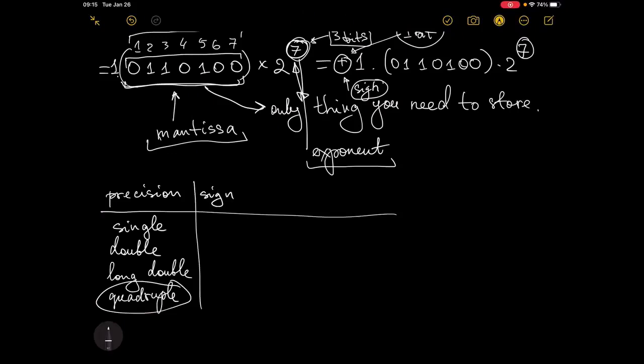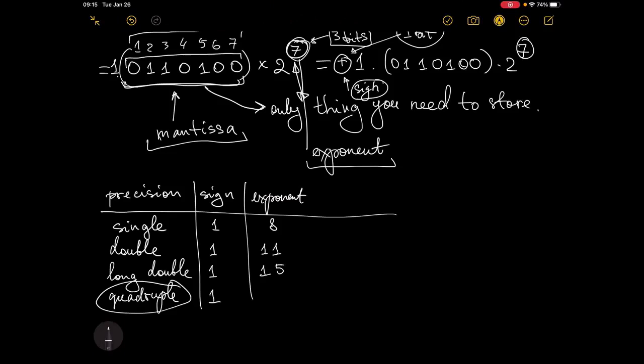So okay, sign. Obviously for the sign, you don't need more than 1 bit. Exponent: single precision uses 8 bits, double precision uses 11 bits, long double 15.